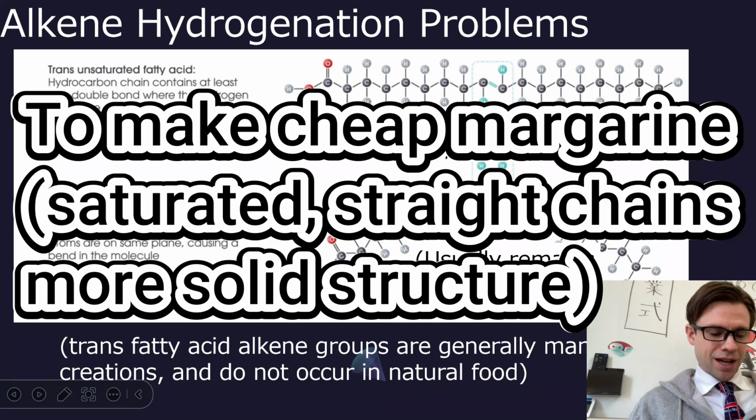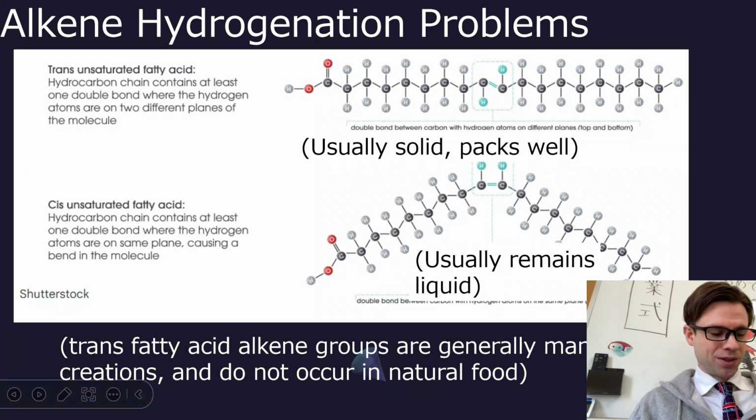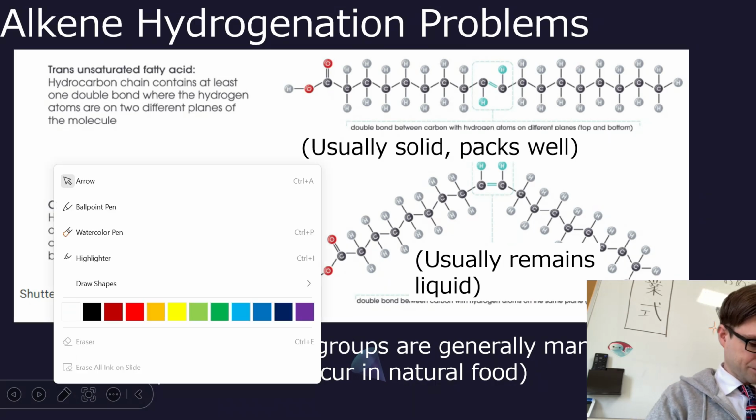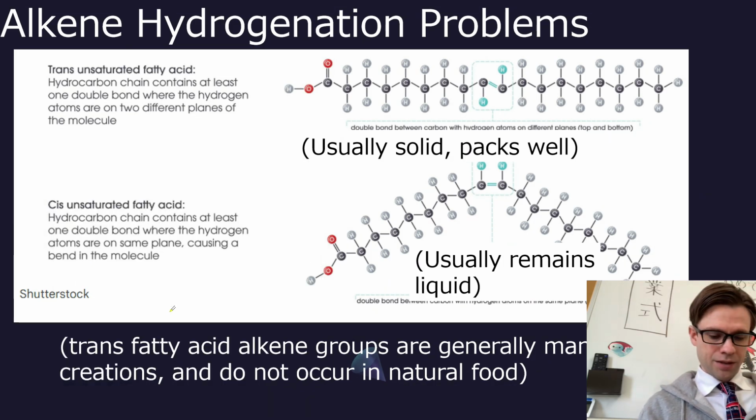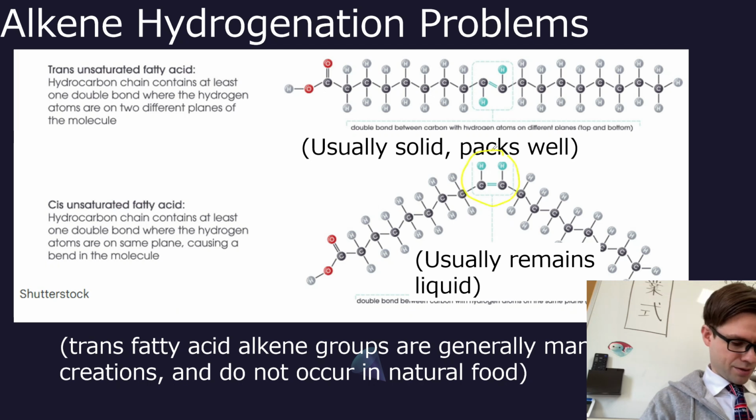But there's this error that can happen, or this unwanted product, which is that we can form trans fats, or trans fatty acids. Now we have to know that most vegetable oils do contain some double bonds, but these double bonds will always have chains on the same side of the double bond. What I'm talking about is, if you look at this section here, let me use red.